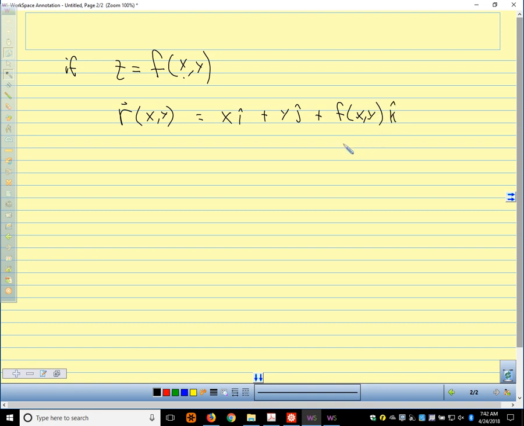And that would be a parametric representation of the same surface. We just parameterize it in terms of x and y, just like we can parameterize a familiar curve in the plane, letting x be the parameter.